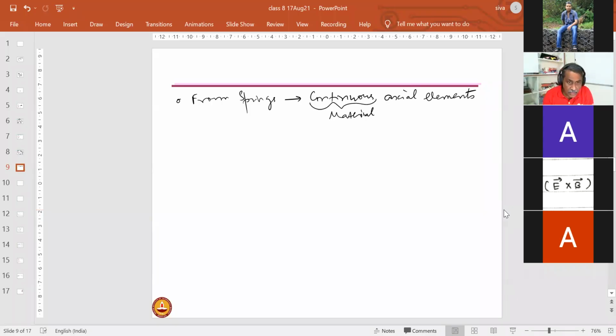The other one is we have shifted from force, elongation and stiffness K to stress, strain and elastic modulus. Okay. So we are going to use this over and over from now on. What is stress? Force per unit area. What is strain? Elongation per unit length. What is E? Stiffness of the material.